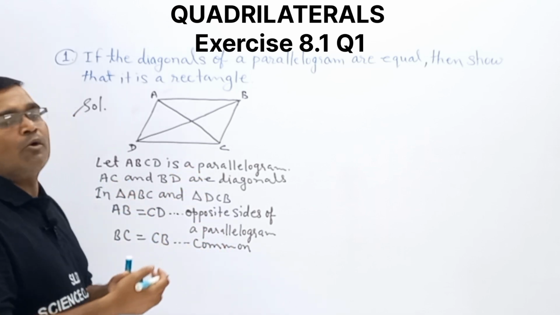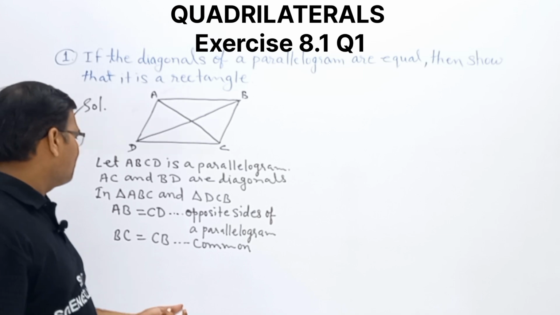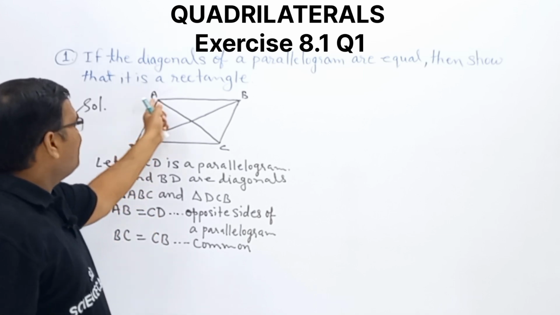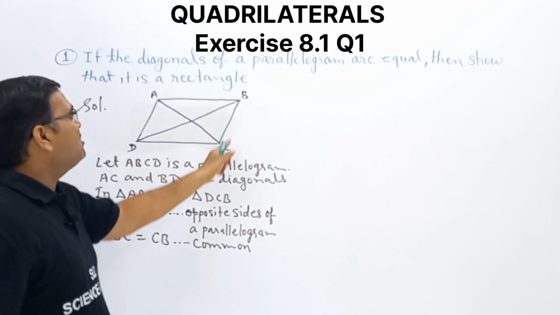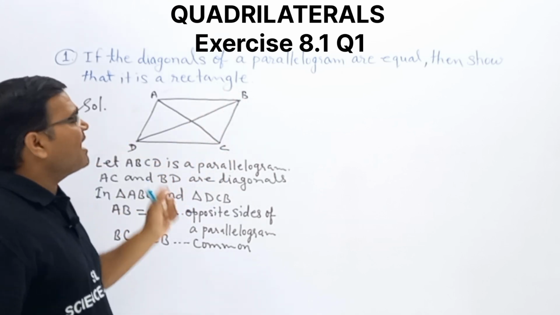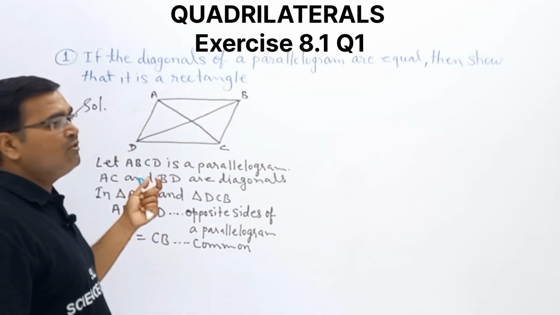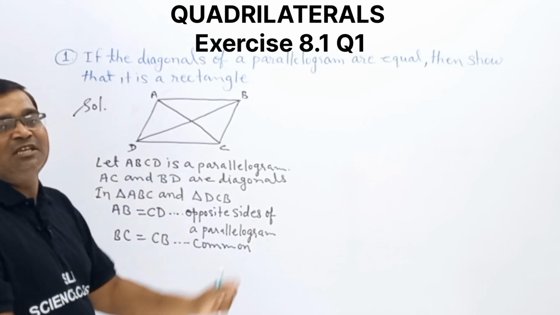Now we want to prove these triangles are congruent. To prove congruence, we require three things. Two things we obtained: AB equals CD and BC equals CB. One more thing is required.